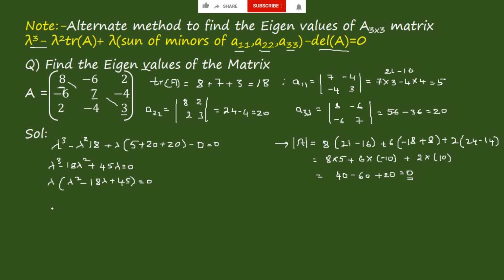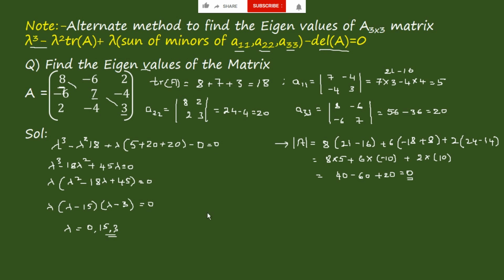This term we can write in the form of lambda into lambda minus 15 and lambda minus 3 is equal to 0. So lambda is equal to 0, 15 and 3. These are the eigenvalues by using an alternative method or shortcut method to find the eigenvalues.